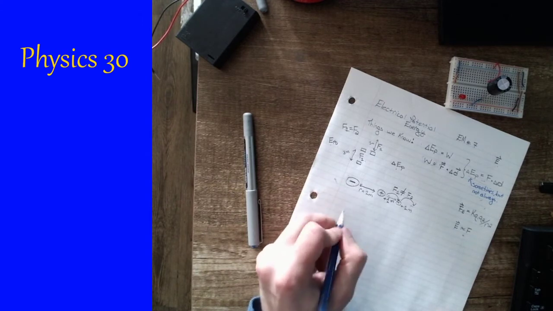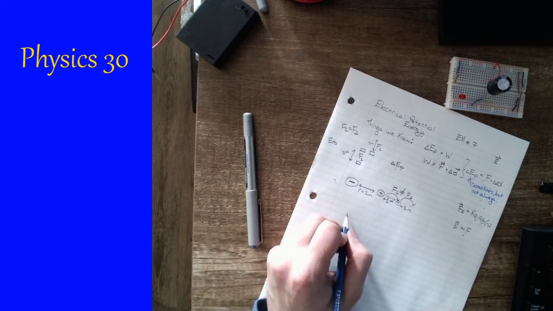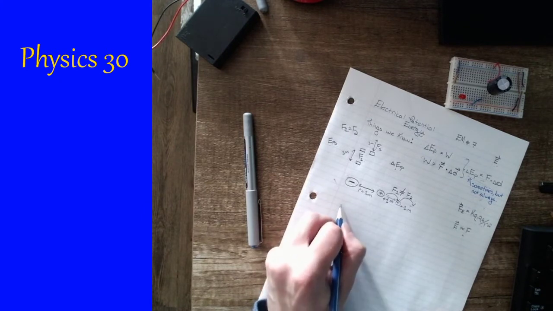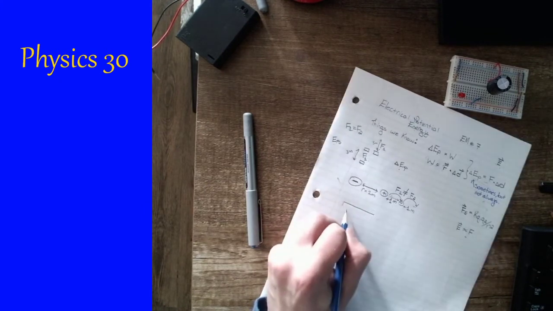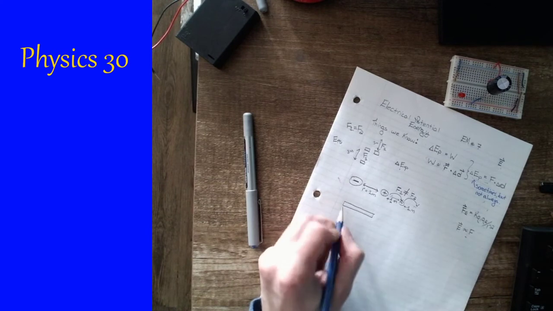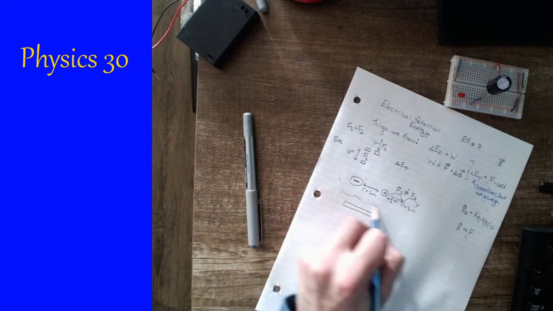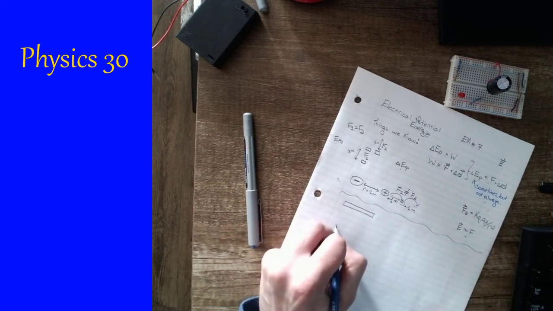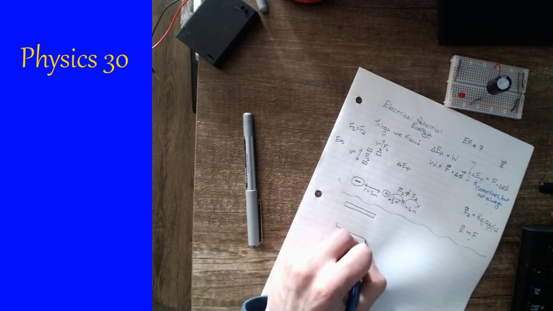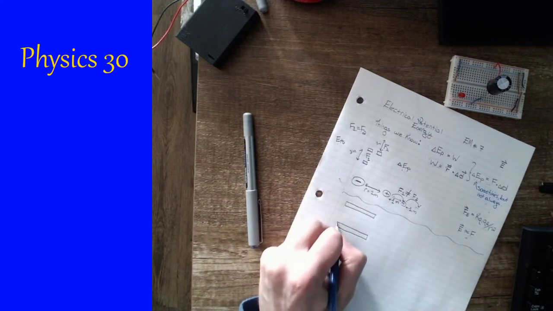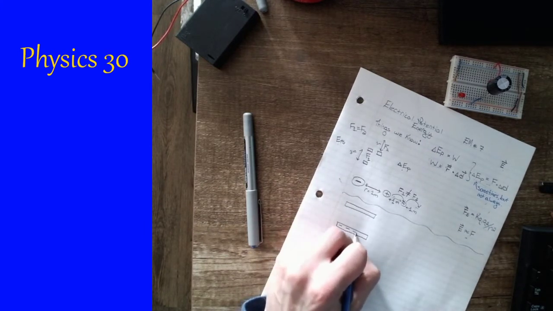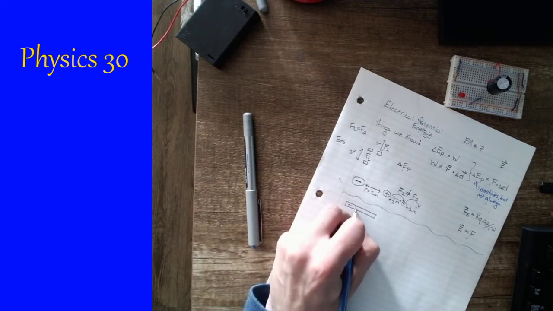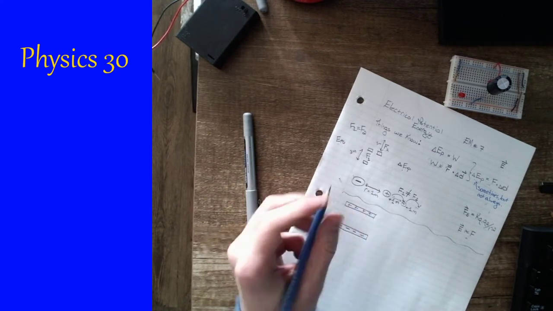And so where do we see something where the electric field is uniform? Well, that's in our parallel plates. So in our parallel plates, the electric field is uniform.